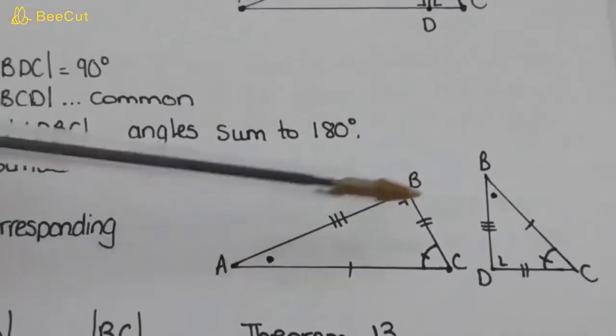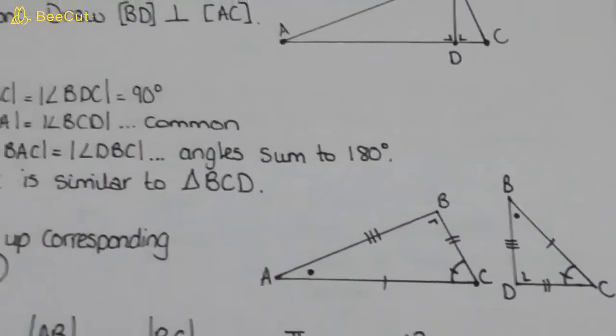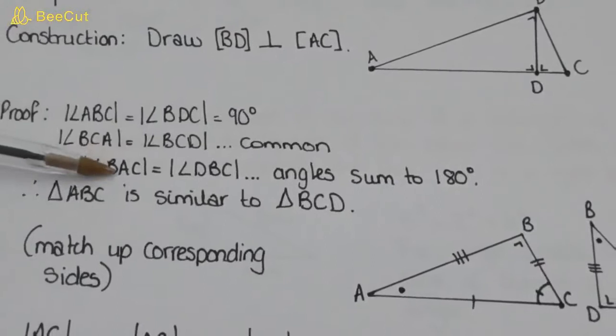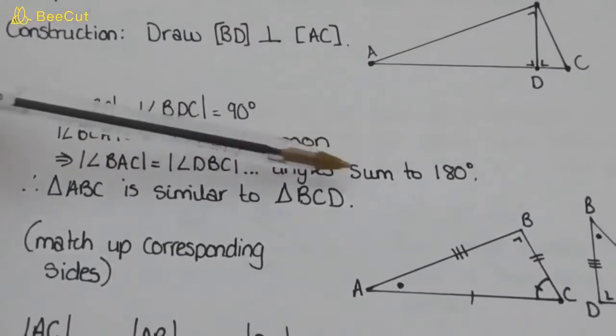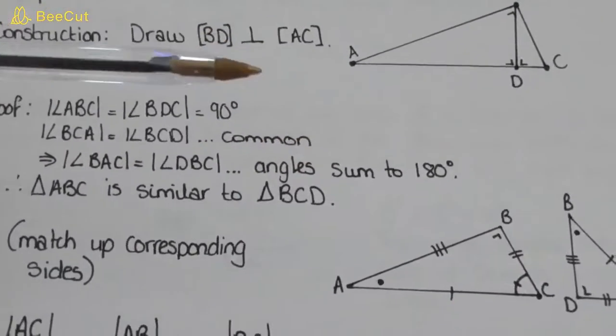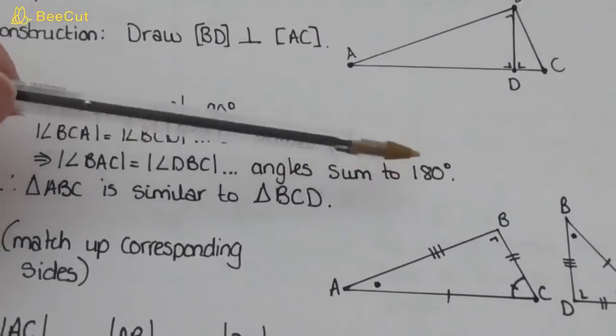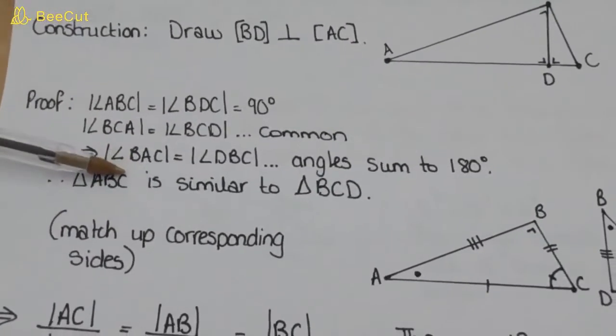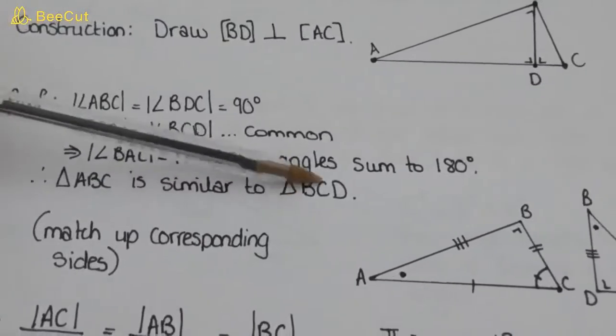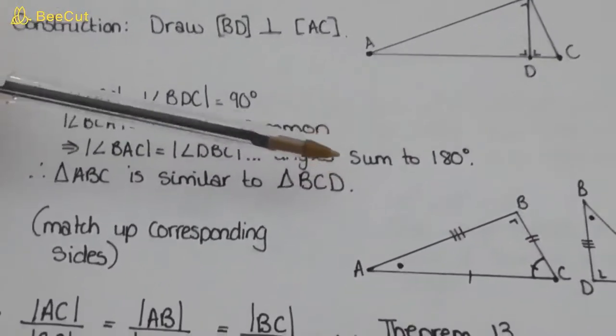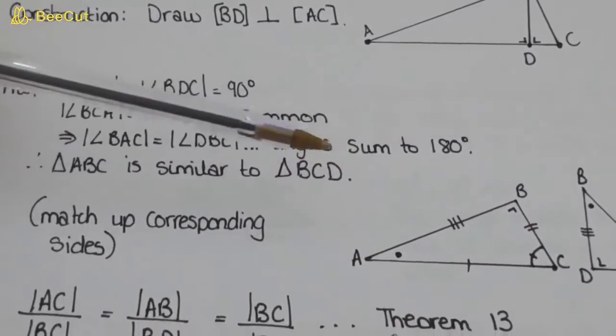So the two triangles are equiangular. They share all the same angles. That remaining angle is equal because the two triangles each sum to 180 degrees. Therefore triangle ABC is similar to triangle BCD because they're equiangular. That's why they're similar. They're not identical, they're just similar.